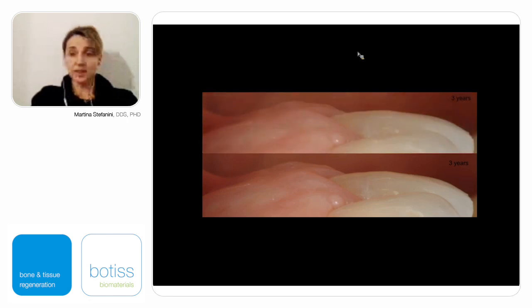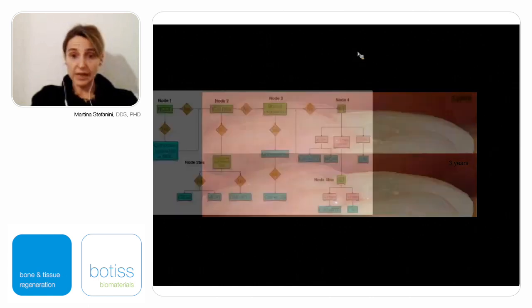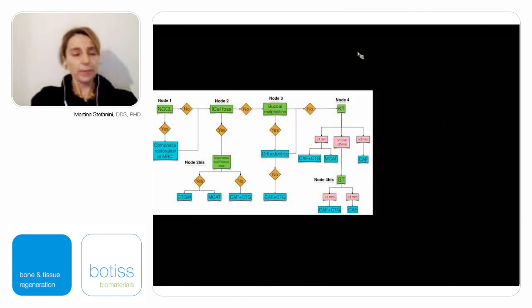And as you can see here, we have the long-term result after 3 years, showing you the stability of the coronally advanced flap with time.